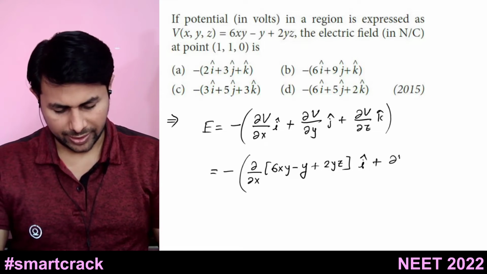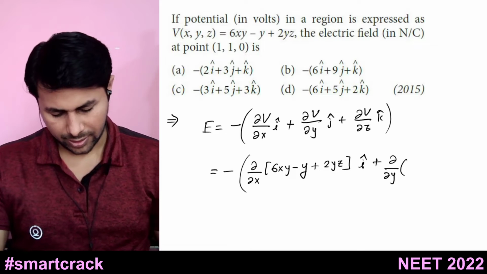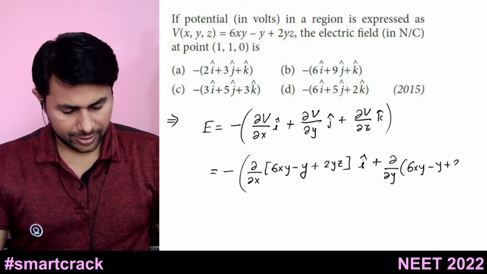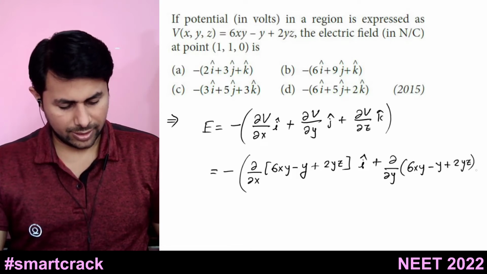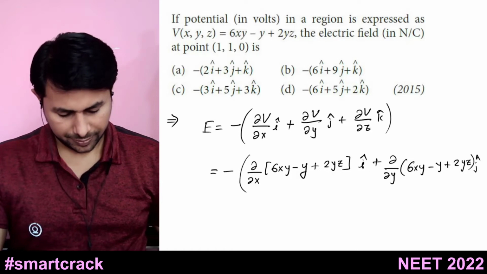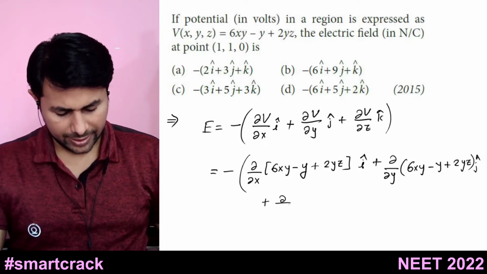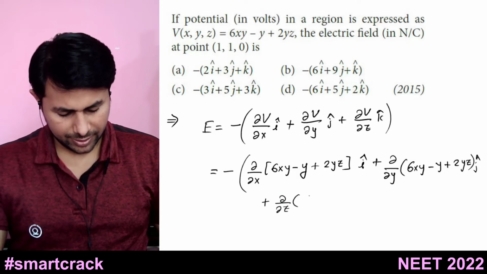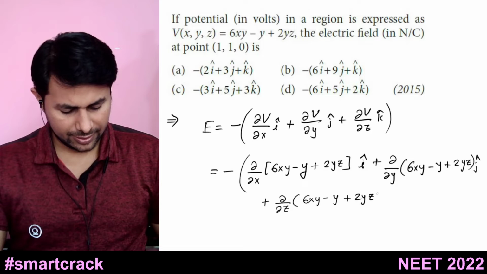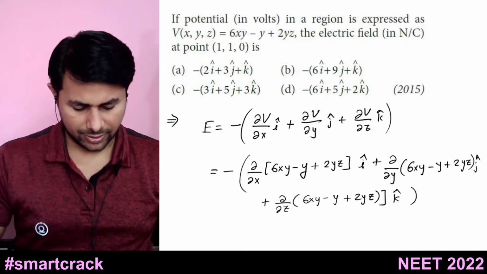del V by del y, so del by del y of 6xy minus y plus 2yz into j cap. Is it going outside the screen? No. Plus we have del by del z of 6xy minus y plus 2yz into k cap, and that's all.